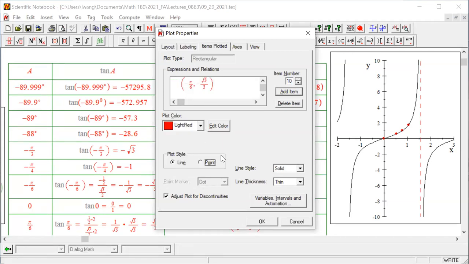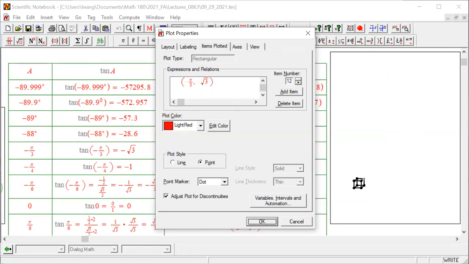Red dot. One more, negative pi over 4, negative 1. One more, negative pi over 3, and this time it's root 3, negative root 3. Boom.